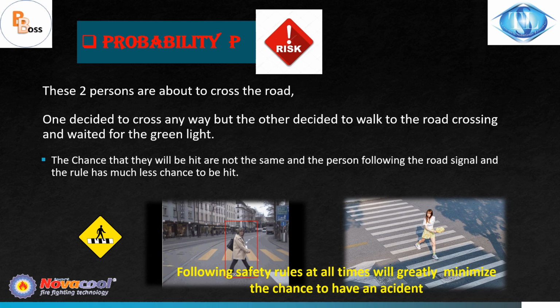Okay, so the first element of risk was severity, S, and the second one is probability. And again, we can see that if the probability of the accident increases, the risk increases. So the lady that is crossing away from the zebra crossing has more risk because the probability she gets hit is higher. She's not in the proper place to cross, and maybe she is also not looking at the green signal.